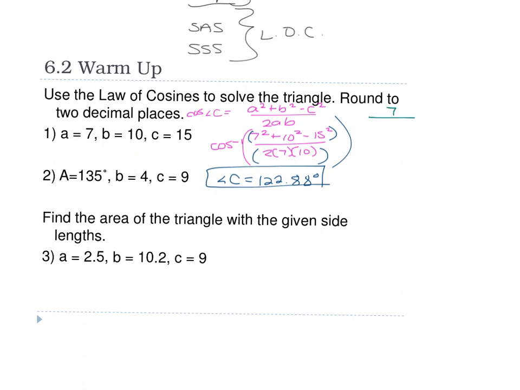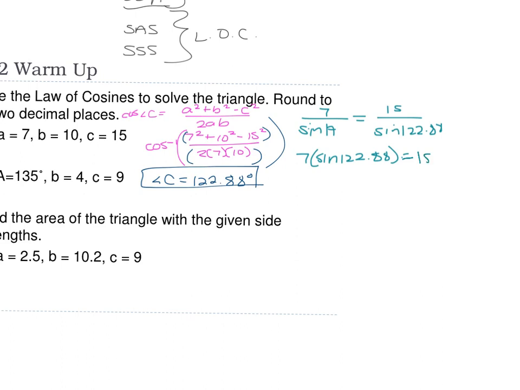Then I would do 7 over the sine of A equals C, which is 15, over the sine of 122.88. 7 times the sine of 122.88 equals 15 times the sine of A, and then I'm going to divide both sides by 15. 7 sine 122.88 divided by 15, and then I have to inverse sine that answer, and I get angle A is 23.07.